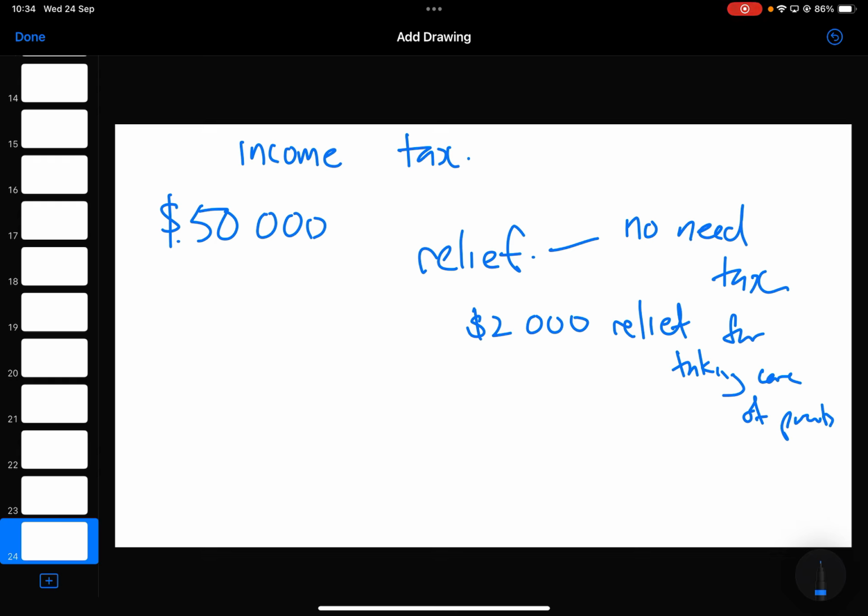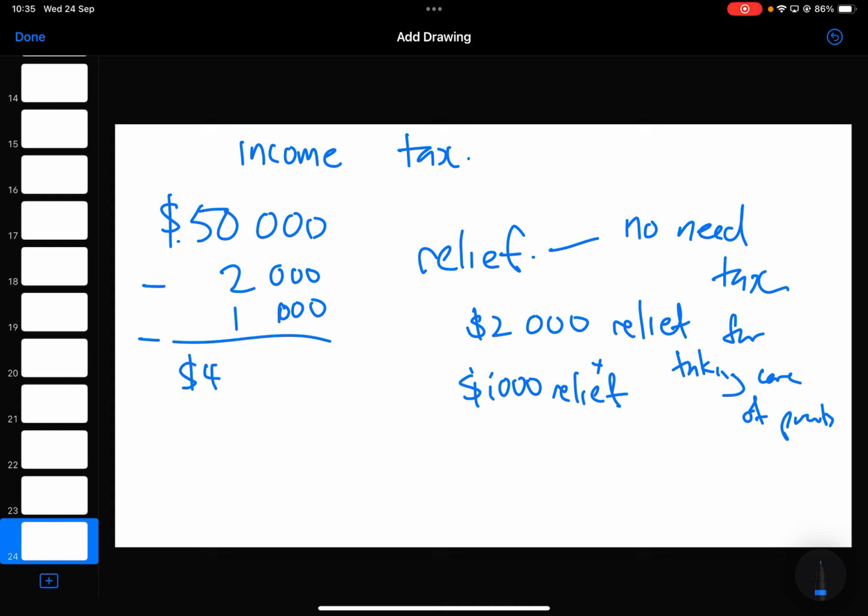Maybe I can have another 1,000 relief for taking care of young children or my young child. So all these relief will be added up. Then I have to subtract it from my 50,000. So I minus 2,000, I minus 1,000. So in the end, this is my taxable income.